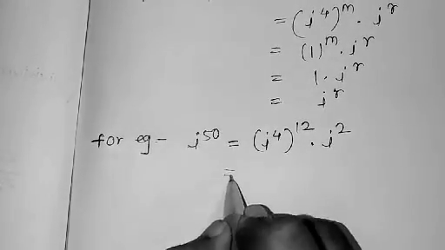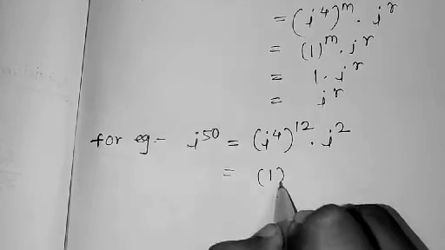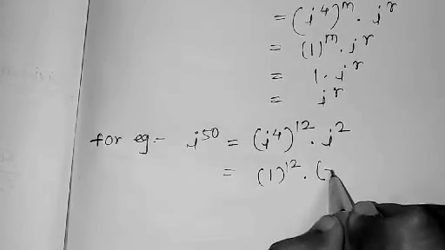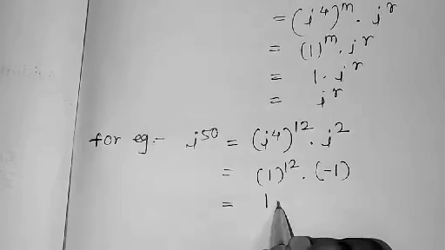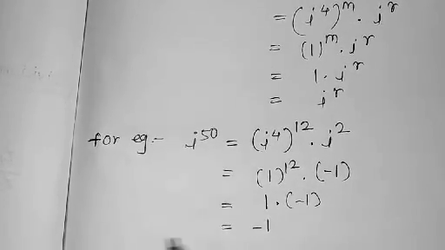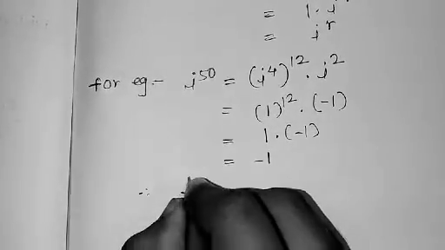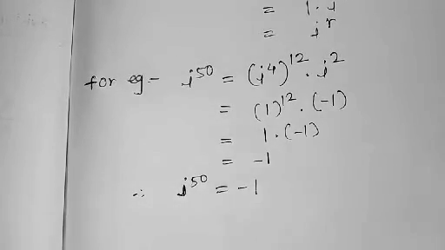Here iota raised to 4 is 1, so 1 raised to 12 into iota square, which is minus 1. Therefore 1 into minus 1 is equal to minus 1. Therefore iota raised to 50 is equal to minus 1.